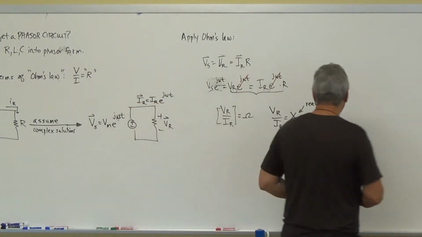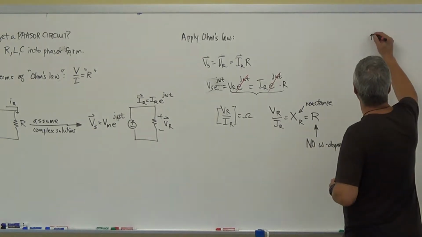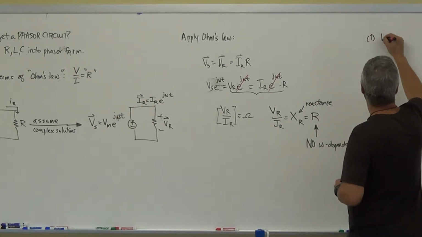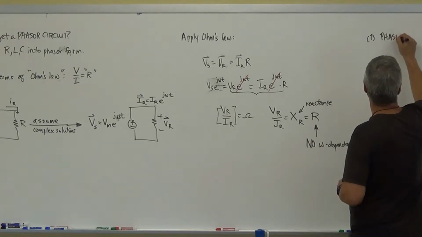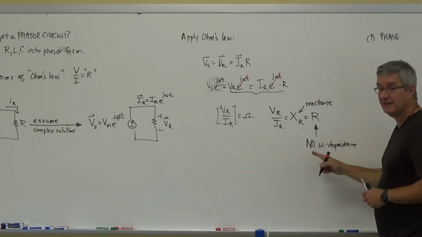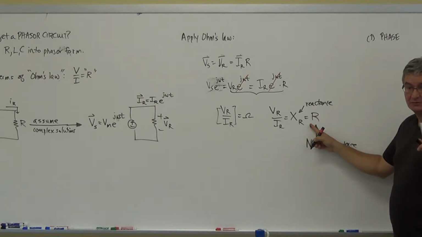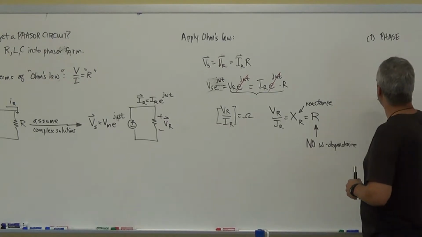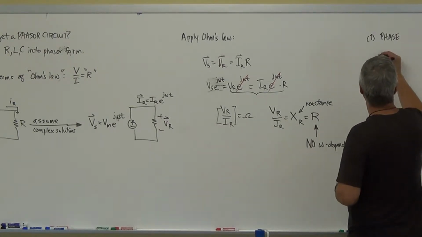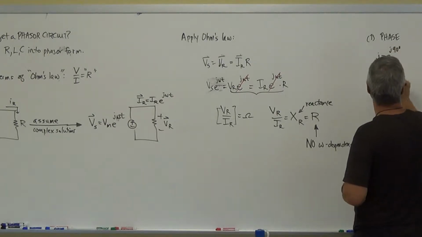So let's look at this in a little bit more detail. The first thing we should say is that we're going to ask the question about phase. The fact that there is no minus sign or no J value. Okay, remember those are important. And just to remind you, if I have J, I can write this as e to the J 90 degrees. If I have a minus 1, I could write this as e to the J 180 degrees.